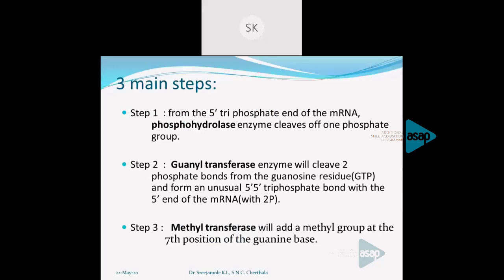In the next step, guanyl transferase transfers the guanyl group, the guanine residue, to the first nucleotide through a 5' to 5' triphosphate bond. Later, in step 3, a methyl transferase adds a methyl group to the guanosine. These are the main steps involved in 5' capping, and we will see how this actually happens.